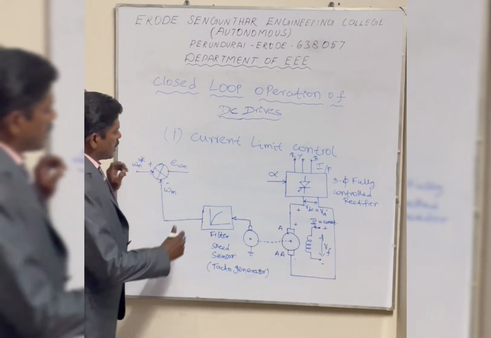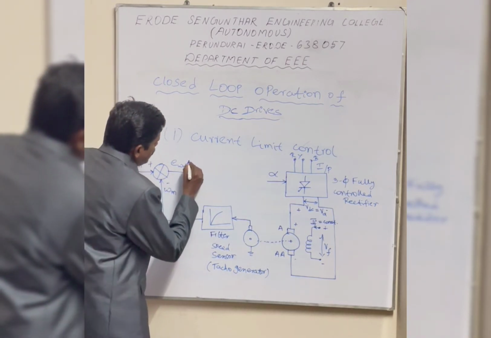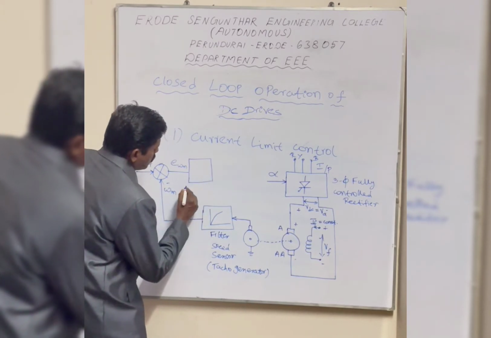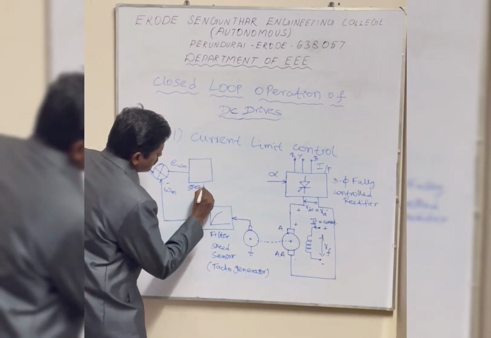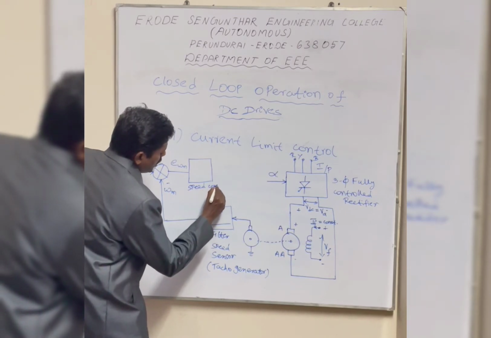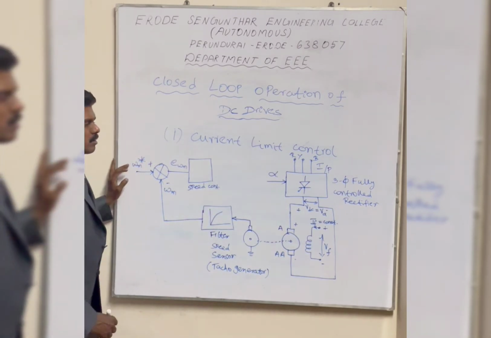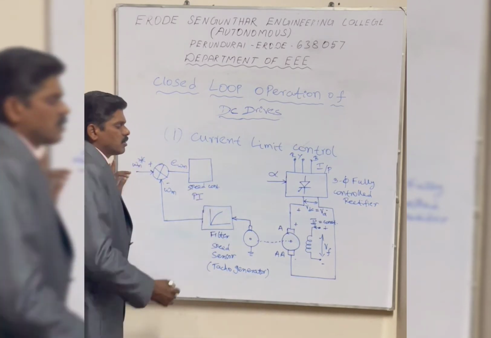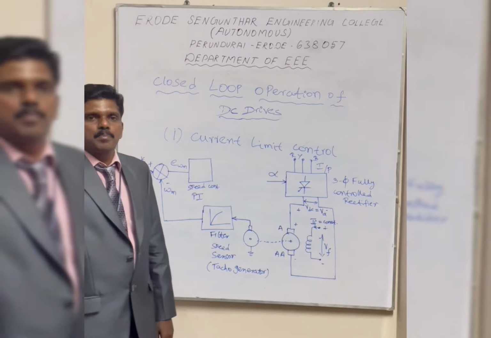So what is done with the error signal? This error signal will be given to one controller, which is called the speed controller. Here I am using a PI controller. The speed controller is nothing but a PI controller.